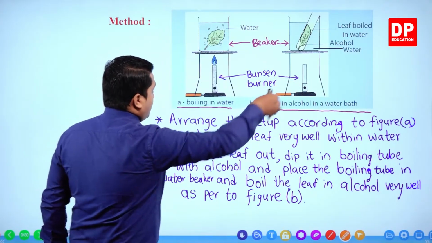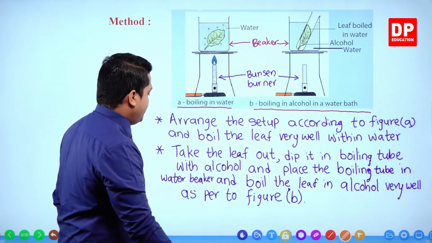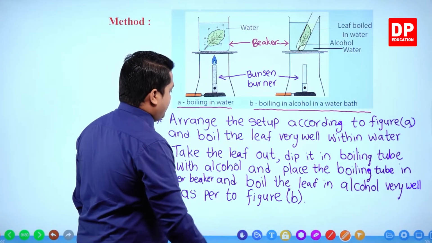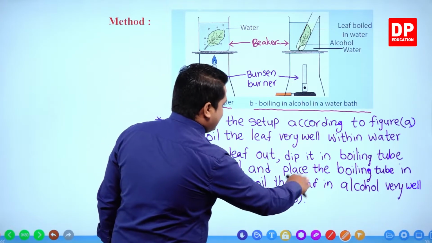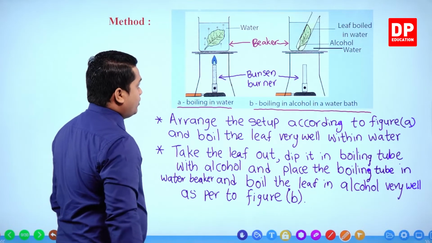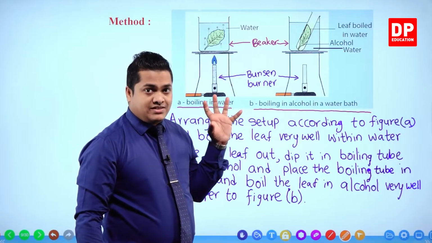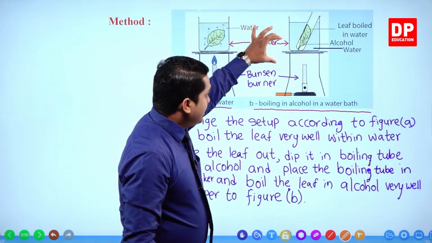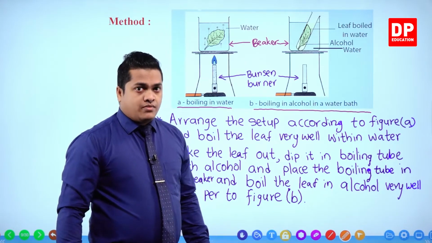Take the leaf out, dip it in the boiling tube with alcohol. So it contains alcohol now. And place the boiling tube in water beaker. Now we have to remember this step. It's really important. We have to place the boiling tube within the water beaker.